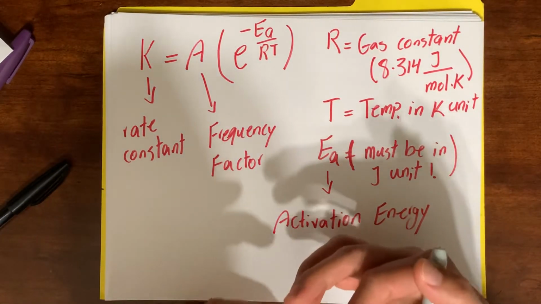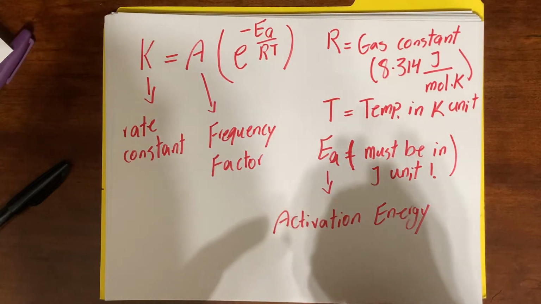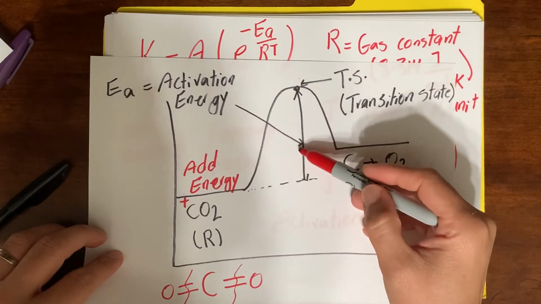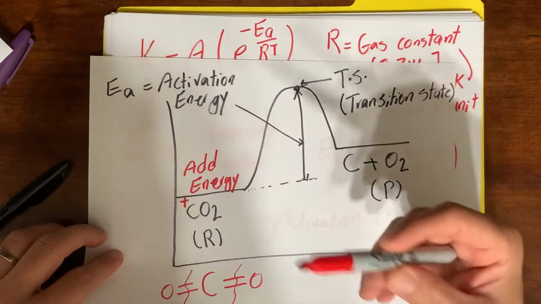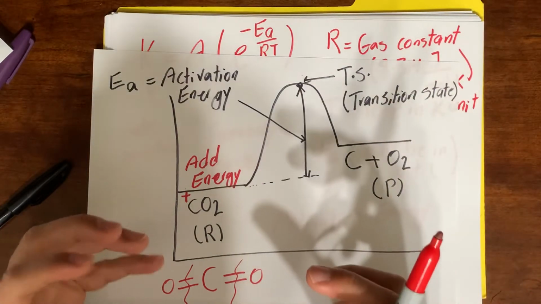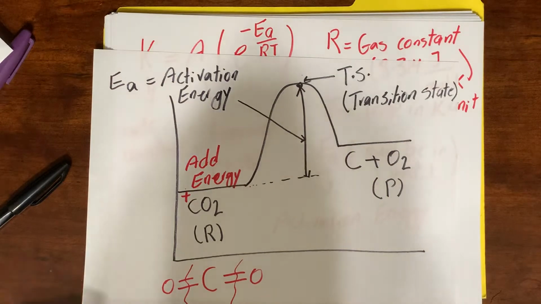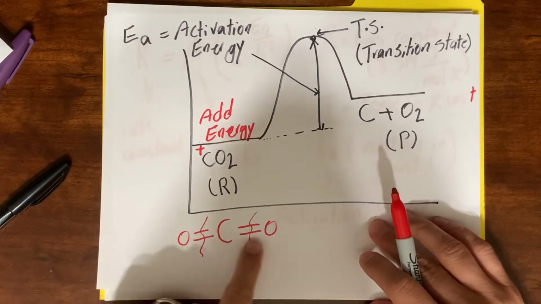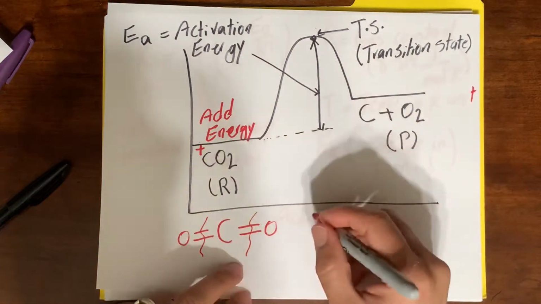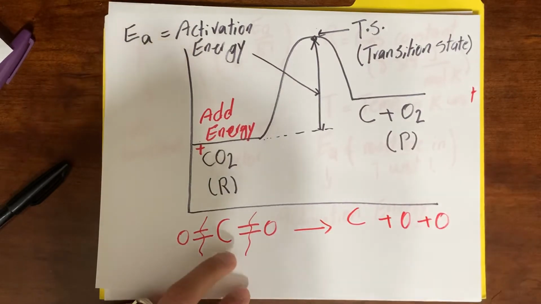And I will talk about good collisions. A good collision is the one that has enough energy to pass this barrier, and also it must be in the right direction. Say you broke the bond between carbon and oxygen, and now you have carbon plus one oxygen and another oxygen.